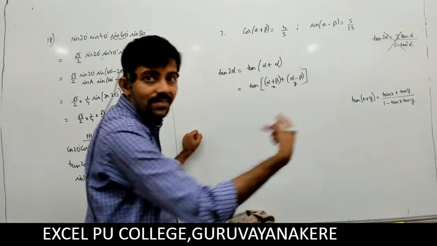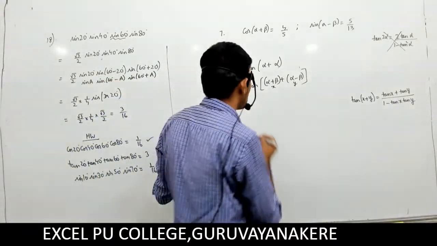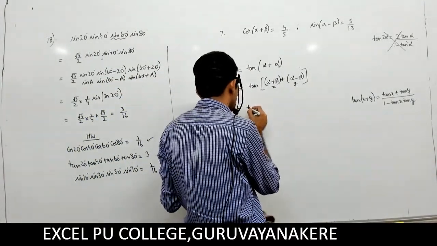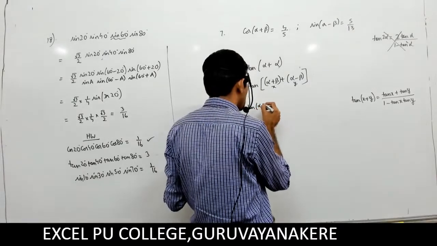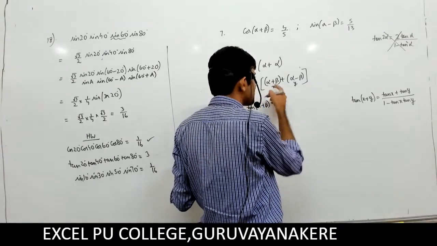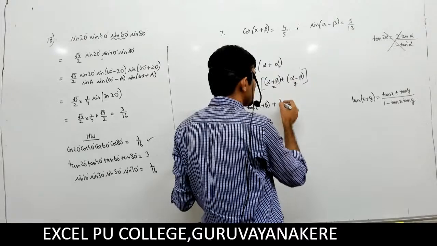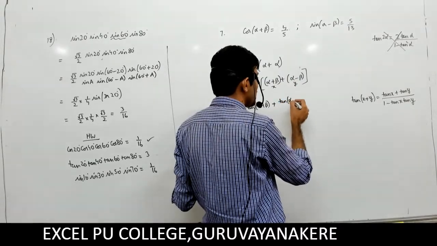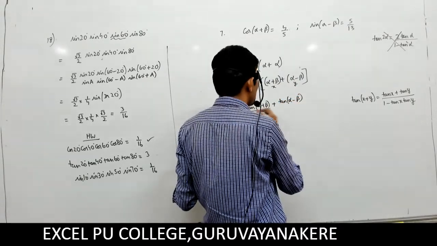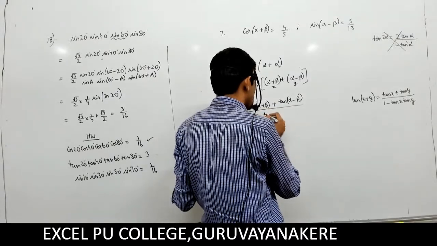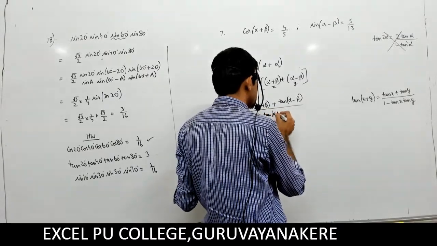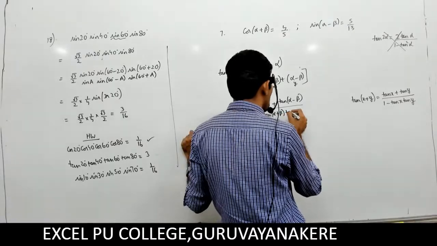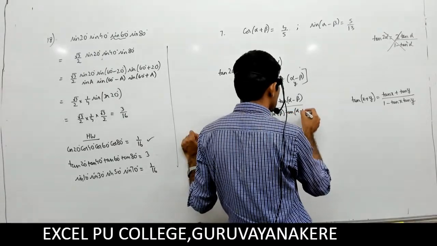Apply this. What do you get? This is tan of alpha plus beta, tan x plus tan y. Correct? My y is alpha minus beta, divided by 1 minus tan of alpha plus beta into tan of alpha minus beta.